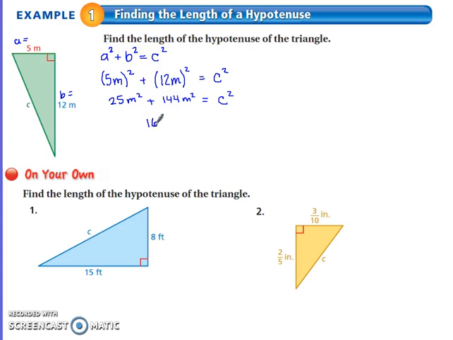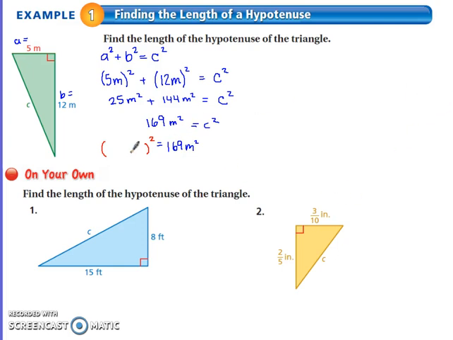Adding, I have 169 square meters is equal to C squared. So if I take my hypotenuse and I square it, I find that the result is 169 square meters. So what I want to know is what number do I raise to the second power to get 169 square meters?